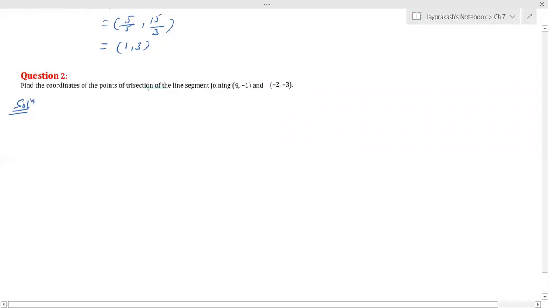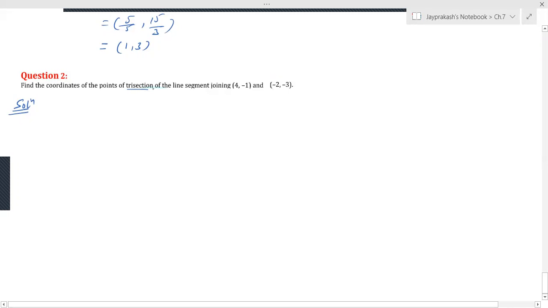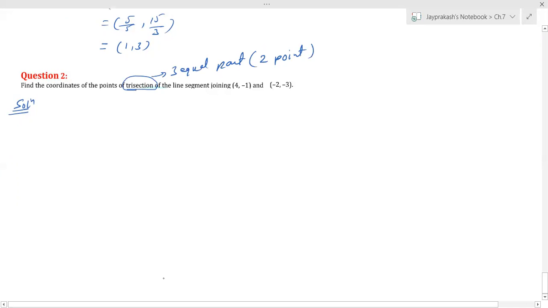In question number 2, the point C trisects. So trisect means 3 equal parts. So to find the 3 equal parts, we have to consider 2 points between both the endpoints. So let's draw the diagram.